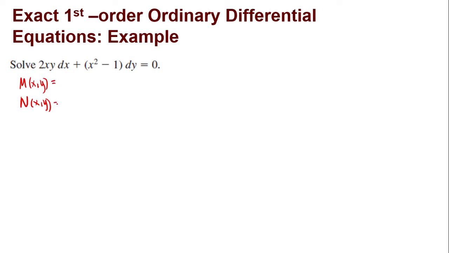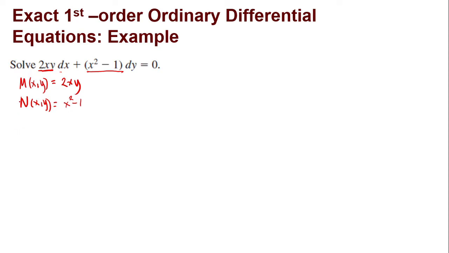Based on our example, M(x,y) is 2xy, which is connected to dx. Then N(x,y) is x squared minus 1, which is connected to dy.